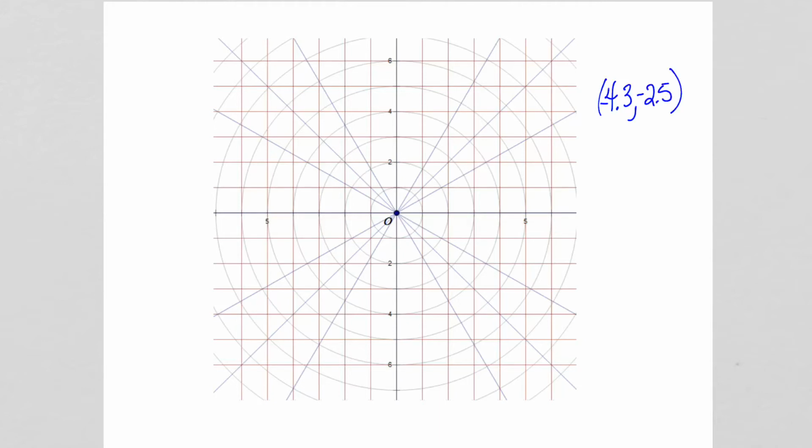So let's graph the point -5, pi over 6. So pi over 6 is here. 5 pi over 6 would look like this, but remember, to make it negative, we've got to go 180 degrees around. So -5, pi over 6 would be right here. And that looks about like -4.3, -2.5. So there we go.